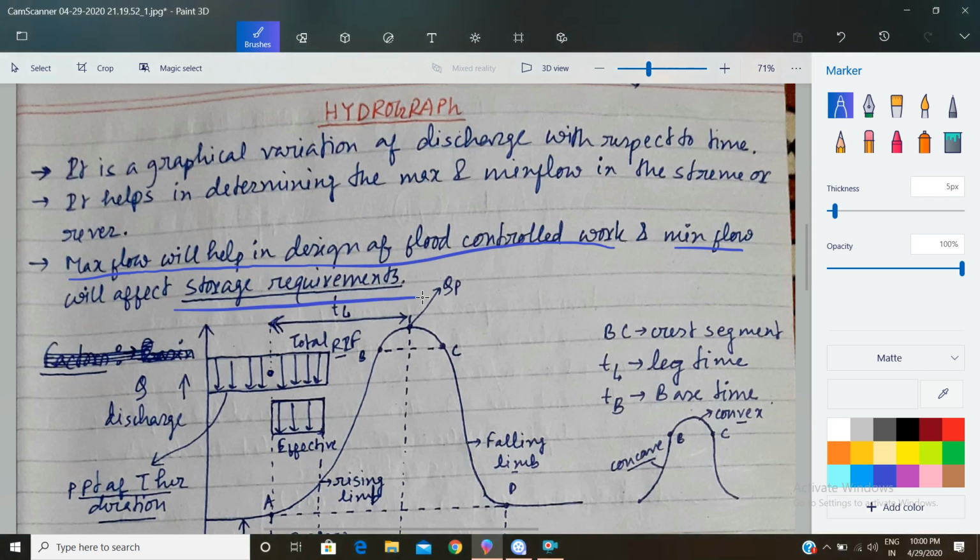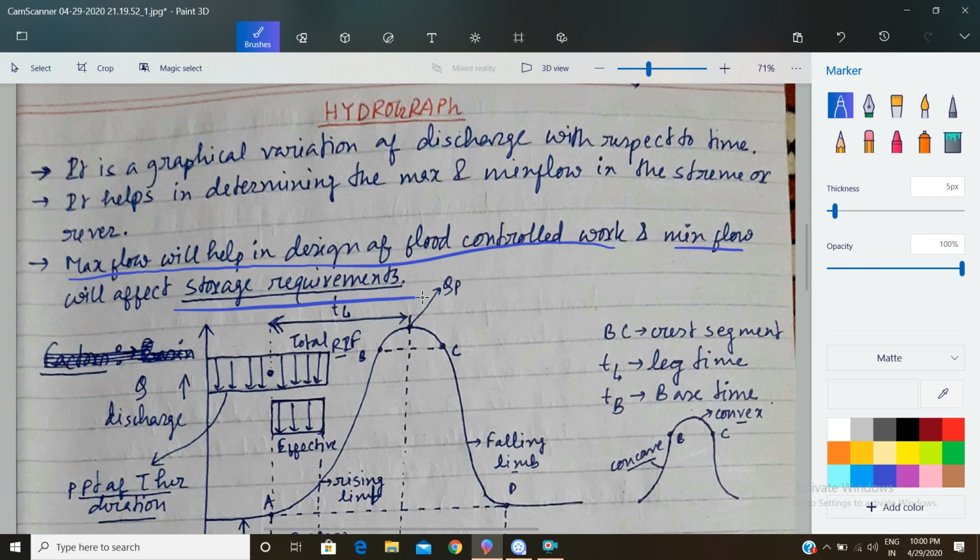Suppose we have created a dam structure, and that dam has stored, suppose, 55 gallons of water. From this water we have taken out a canal which is contributing towards, suppose, cultivated land.